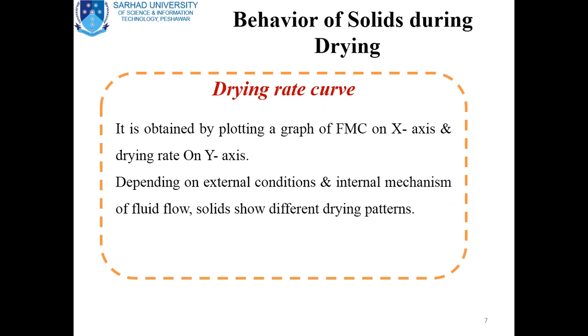Now in this part of the lecture we will discuss the drying rate curve. That is one of the behaviors of the solid during drying. It is obtained by plotting a graph of FMC, that is the free moisture content, on the x-axis, and the drying weight on the y-axis.